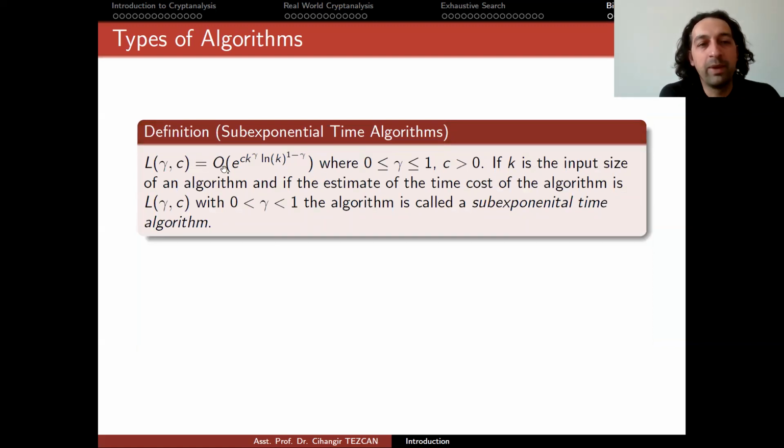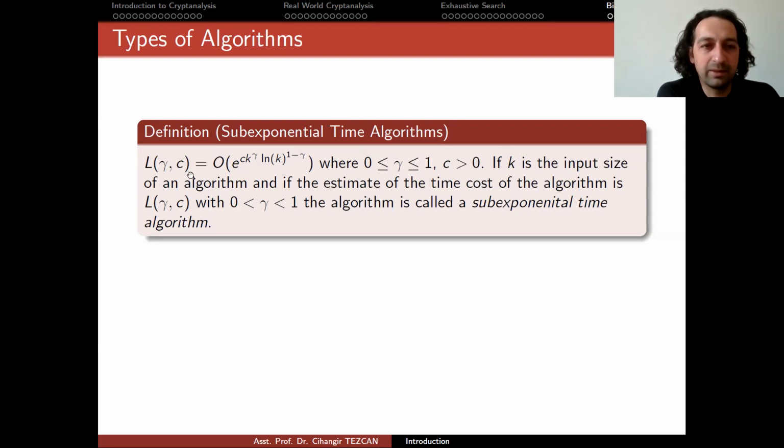There is big O notation like this, but we have two inputs, gamma and c. Sub-exponential time algorithms are defined as L_gamma(c), and they are equal to O(e^(c k^gamma (log k)^(1-gamma))).